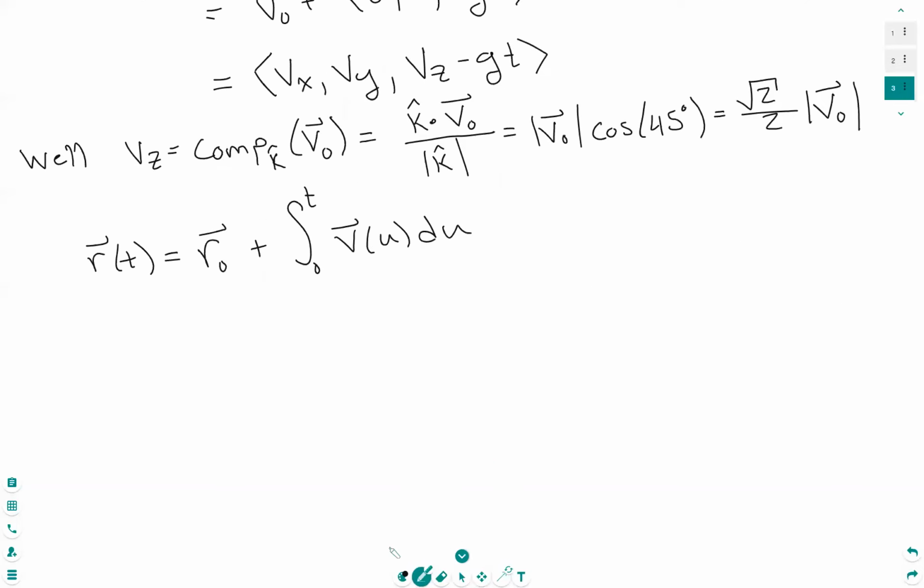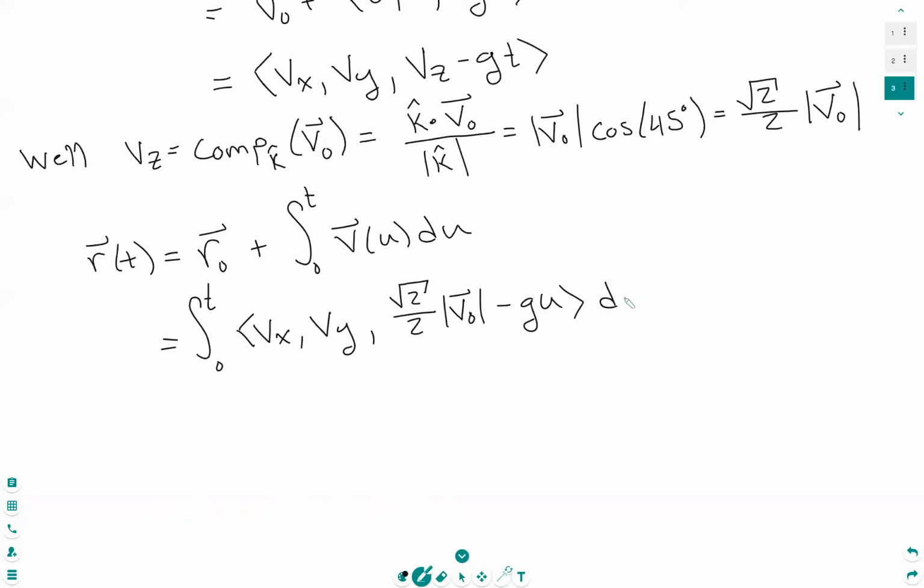So all we need to worry about is this integral. So this is the integral from 0 to t of Vx, Vy, and our Vz I'll sub in now, the square root of 2 over 2 times the magnitude of V naught, minus g times u, du.